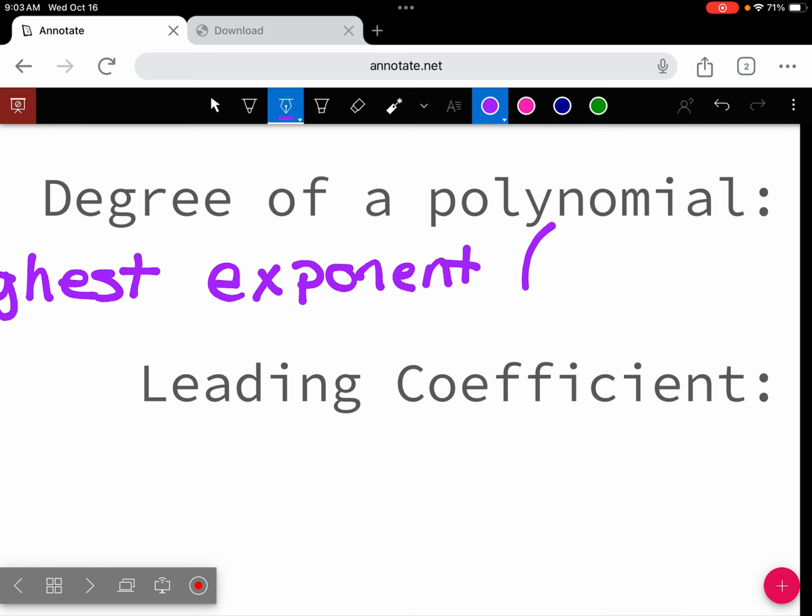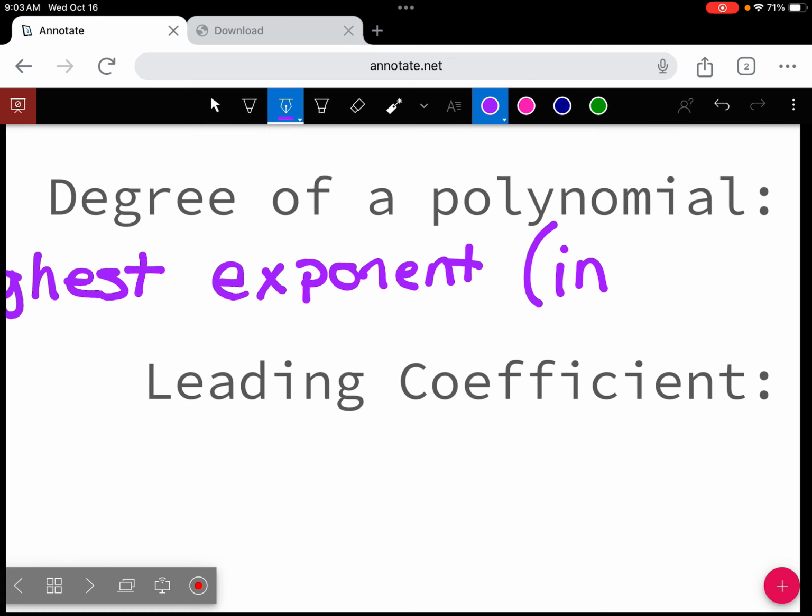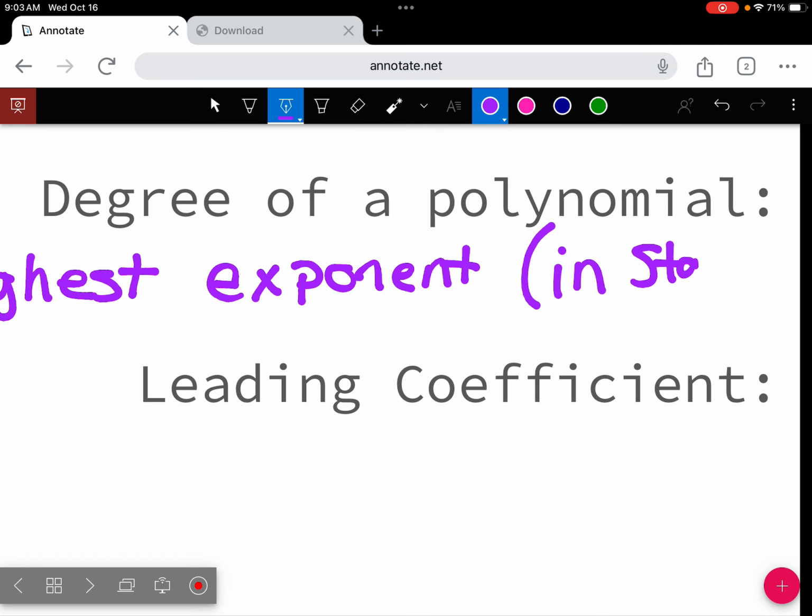And it's our highest exponent if it's in standard form. So that means if it's fully multiplied out.